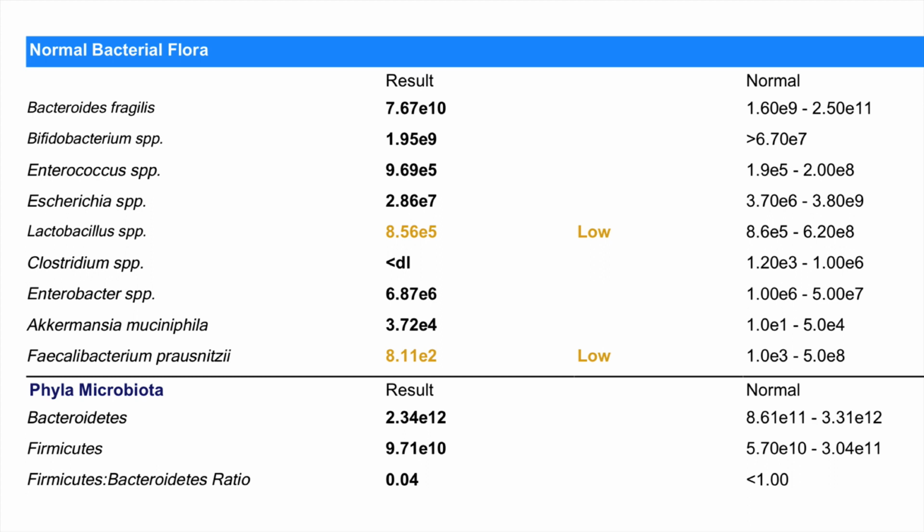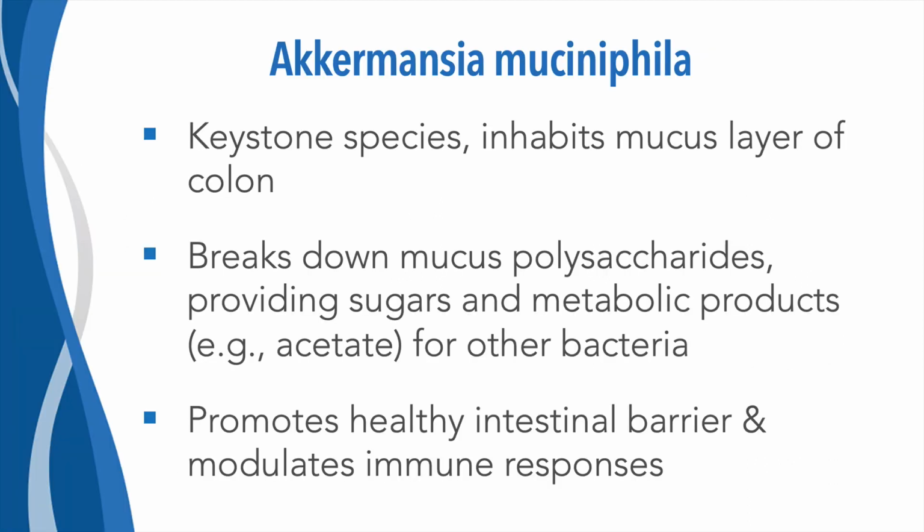The next marker, in addition to Fusobacterium, that has been added to the normal bacterial flora section is Akkermansia muciniphila. So a little bit about Akkermansia. It's also known as a keystone species, and that's partly because it inhabits a particular niche in the mucus layer, the thin mucus layer that is protecting the epithelium in the colon.